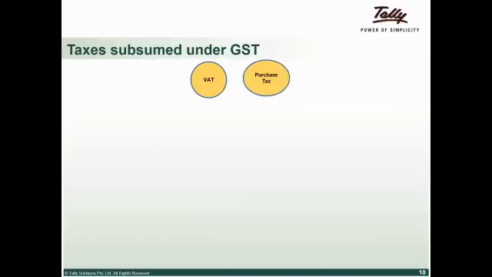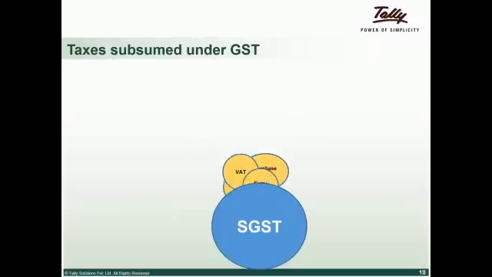Now let's come back to the state levies under the current regime. One is the major tax, VAT, then we have purchase tax, then entry tax, not for all goods, only some goods, then luxury tax, then octroi, surcharge, cess. These state taxes will now get subsumed under SGST, which stands for State Goods and Services Tax.